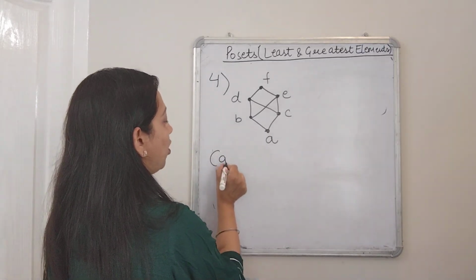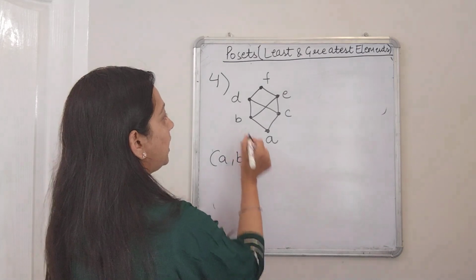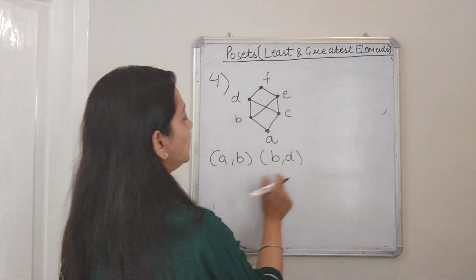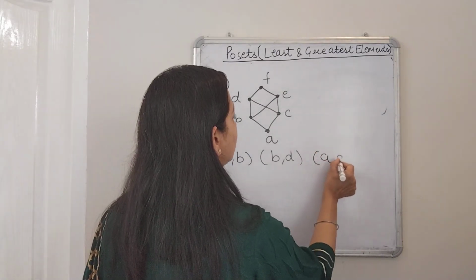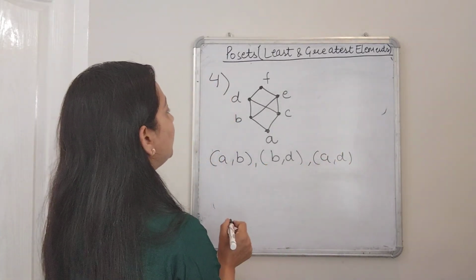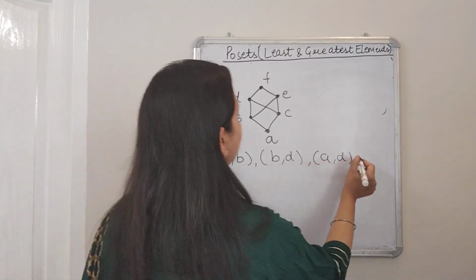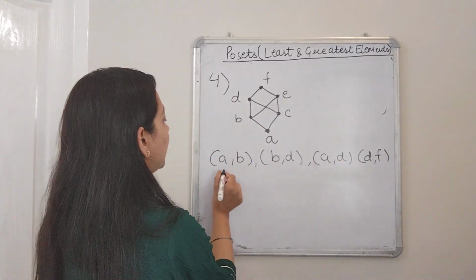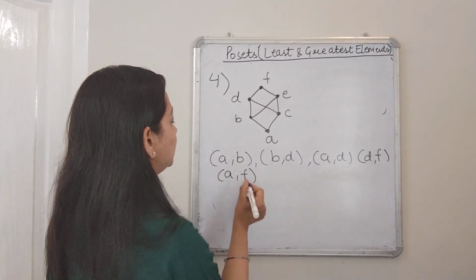Obviously, ordered pair AB exists and BD exists. So if AB and BD exist, then it's quite obvious that AD will exist. Then ordered pair DF also exists. So it's quite obvious that AF will also exist.